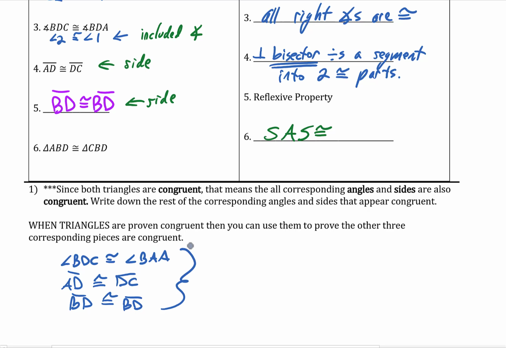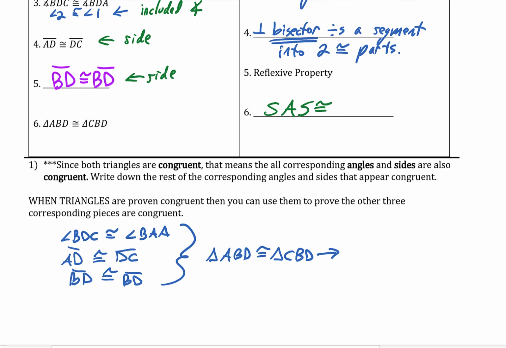This information told us triangles ABD are congruent to CBD, which tells us by definition that if two triangles or two figures are congruent, all corresponding parts are congruent. Well, in a triangle, there's 6 pieces of information, so we need to find what the other 3 are.